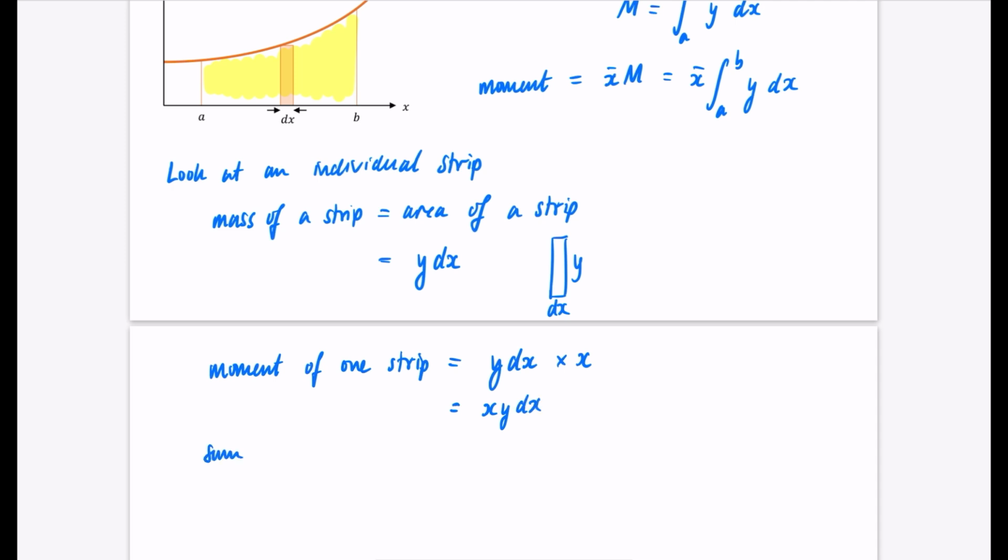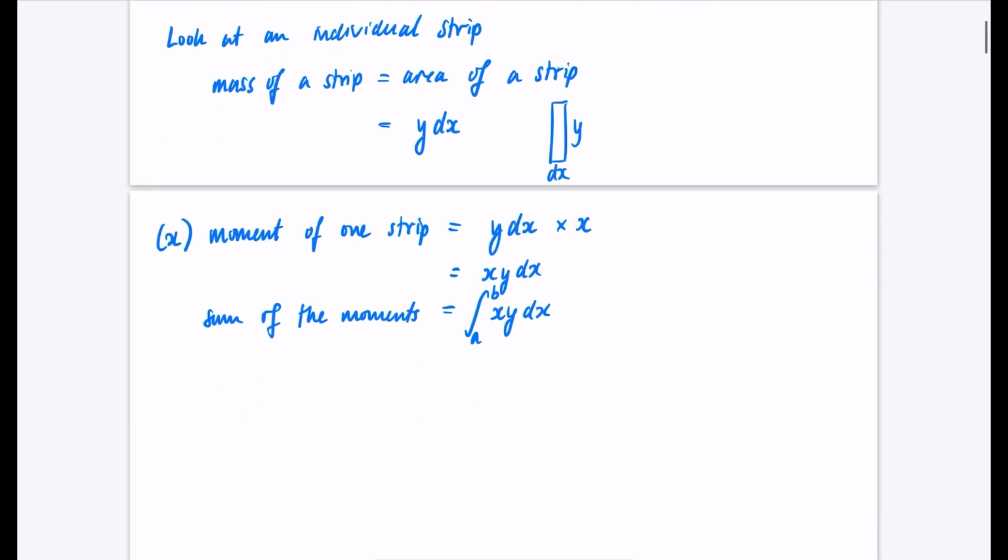So the sum of the moments, and I'm saying this is for my x coordinate, is going to be when you add up all of these x y dx's. We know that this integration means to sum up, and we're summing up all of those x y dx between a and b.